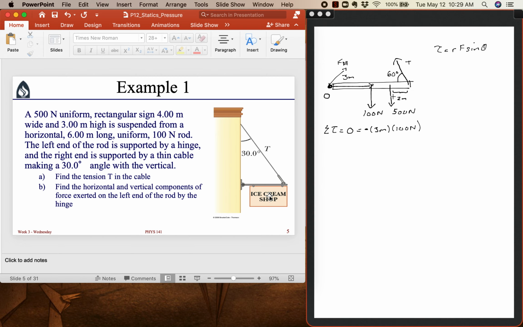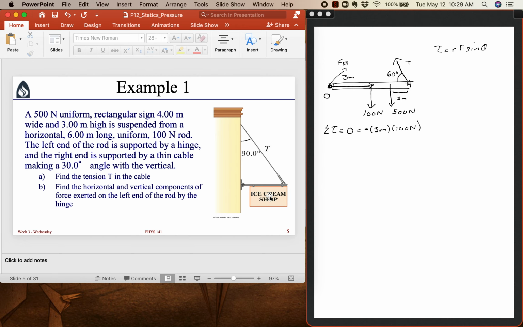So next, let's think about the weight of the sign. The weight of the sign is being applied at what distance from the hinge? Well, I know that the entire rod is 6 meters long, and I know that the center of mass of the sign is 2 meters from this end.